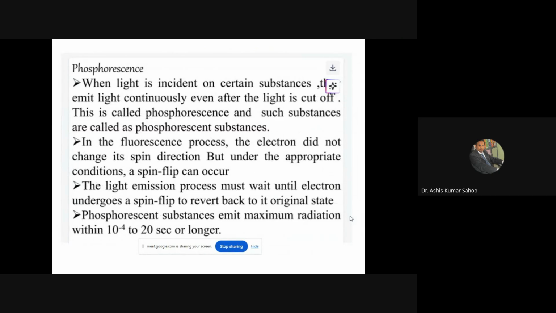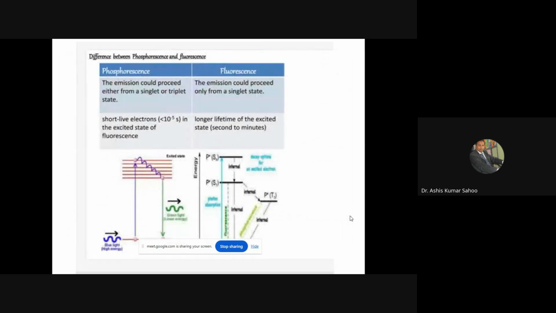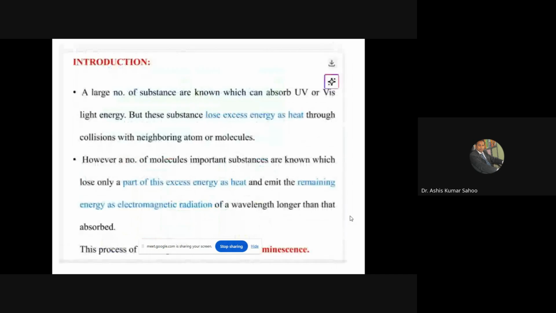Even after the light is cut off, the phosphorescent substance can continue to emit. In a phosphorescence process, the electron does not change in spin. There are substances known which can absorb UV visible light.